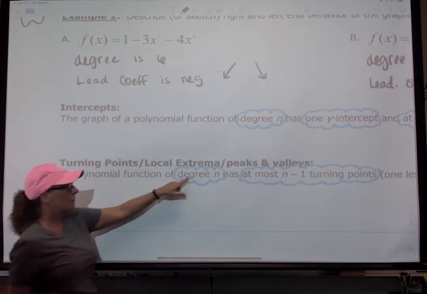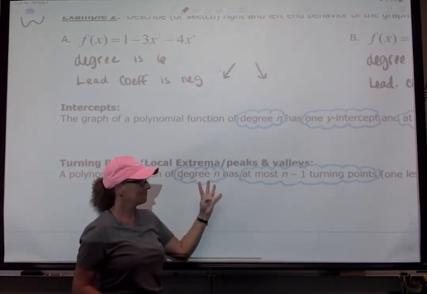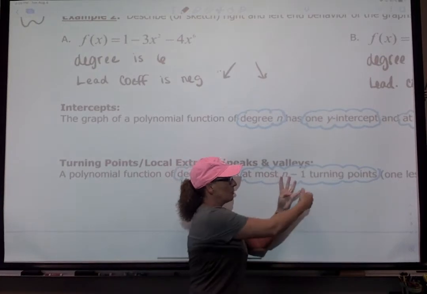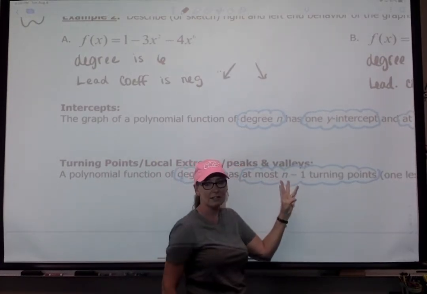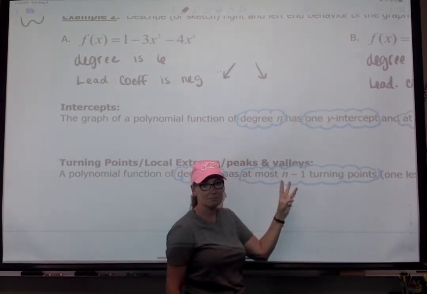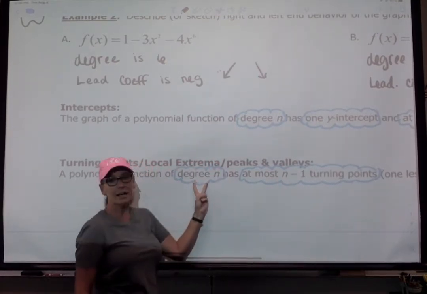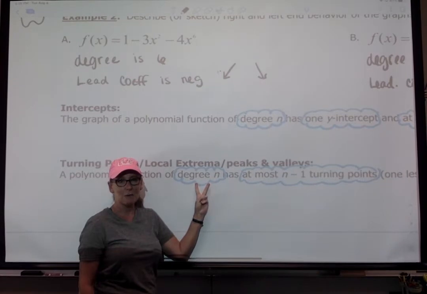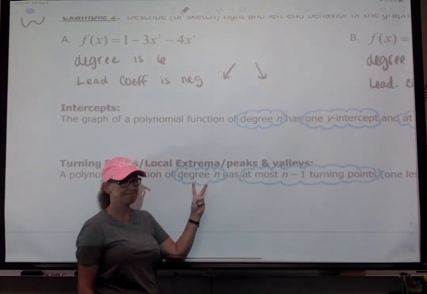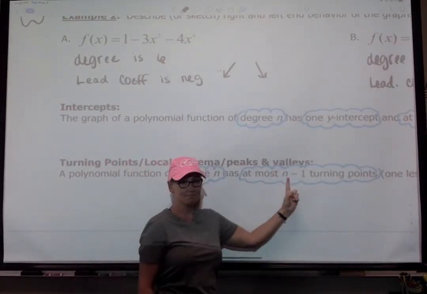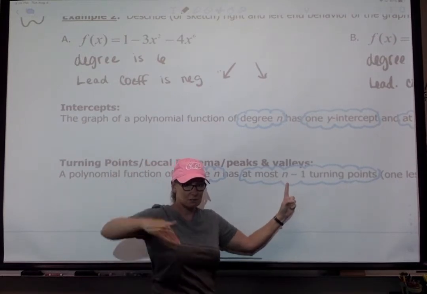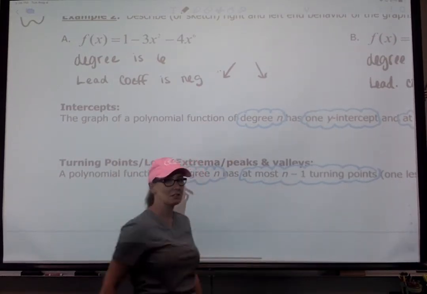A polynomial, whatever its degree is, the most turning points it can have is 1 less. How about a quadratic? How many times can it turn? Once. 1 turn. That's all it's got.